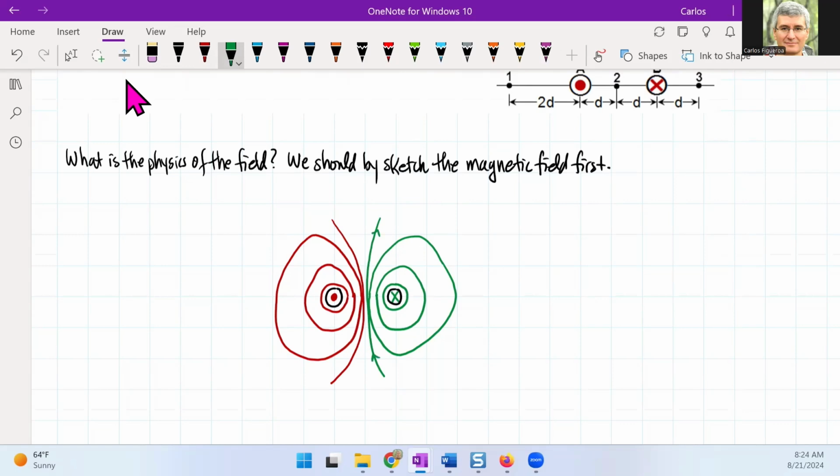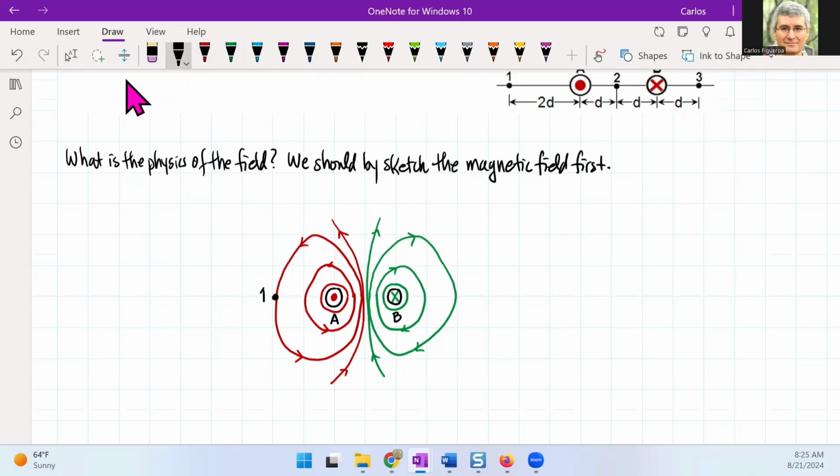So now if I just started putting in my directions of the field, it's got to look like this. And there's my magnetic field. So the red is A, the green is B. So I can call this the magnetic field due to wire A, the magnetic field due to wire B. So now if I'm looking at points, this is going to be the first point I'm going to look at.